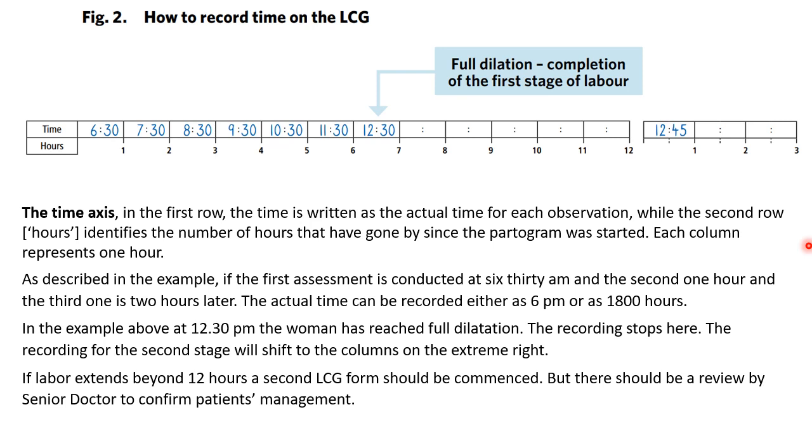Supposing the labor extends beyond 12 hours, then a second labor care guide form will be commenced. But at this point, there should be a review by a senior provider to confirm that the patient management is being conducted along the proper lines which are recommended according to evidence-based medical guidance.